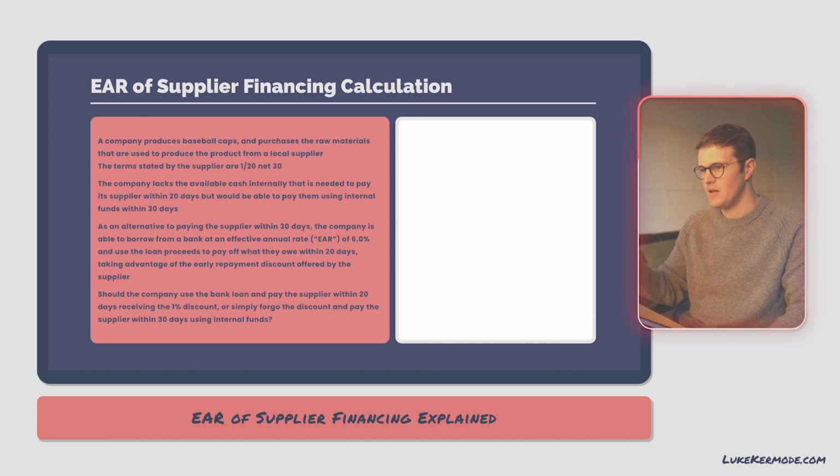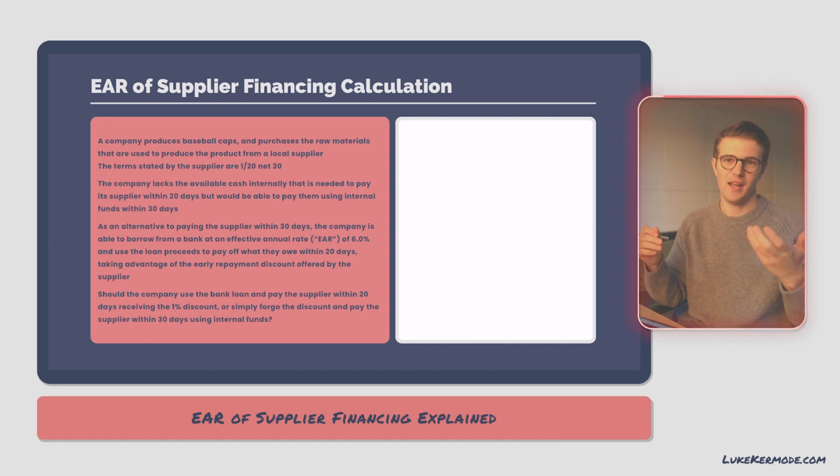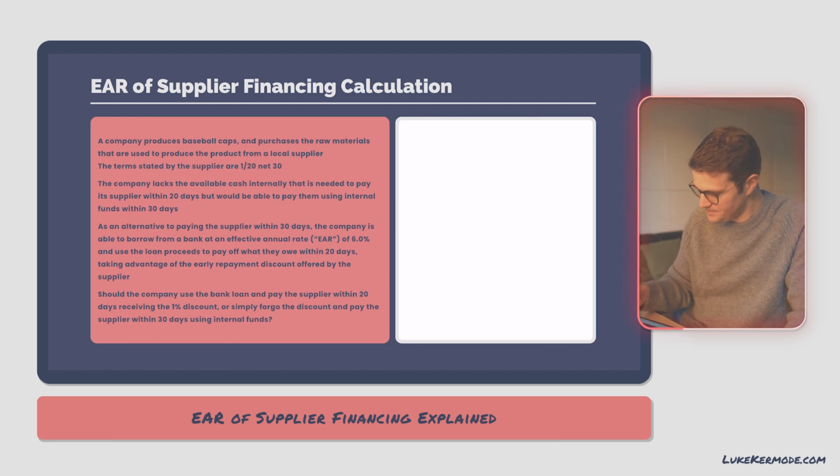Okay. So let's start off by calculating the effective annual rate on the supplier financing. So that 1% early repayment discount is the interest rate over a 20-day period. We need to look at it on an annualized basis.